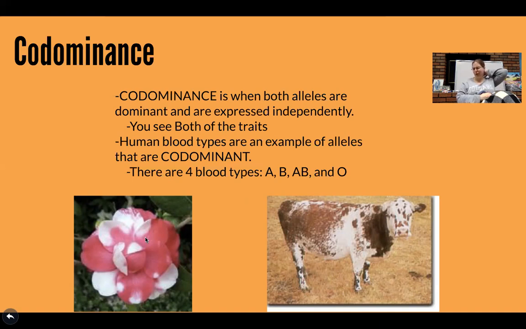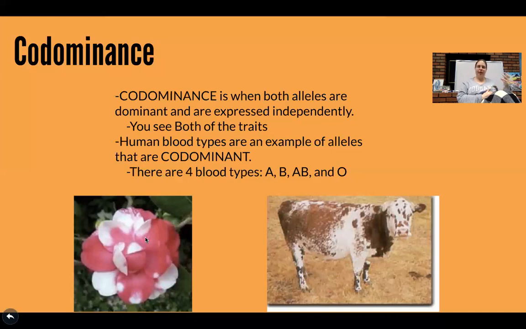It's the same thing with this particular type of cow. I don't remember, I'm not an agriculturalist or a farmer or a bovine expert. I think it's called being a red roan, but don't quote me on that. But the fur color, the patchiness of the white and the reddish brown, is actually a result of codominance.